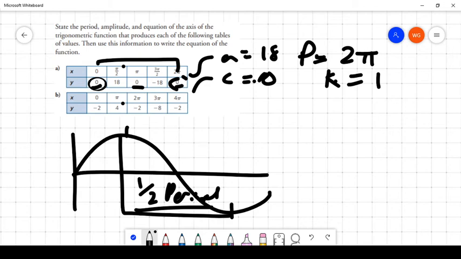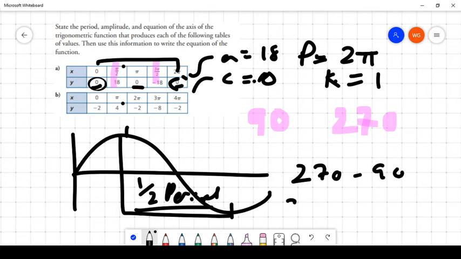So if you look at this example up here, the peak occurs at 90 degrees, or pi over 2, right? Think in terms of degrees per second. The trough occurs at 270. So the difference between 270 and 90, right? 270 minus 90, or if you prefer, 3 pi over 2 minus pi over 2.